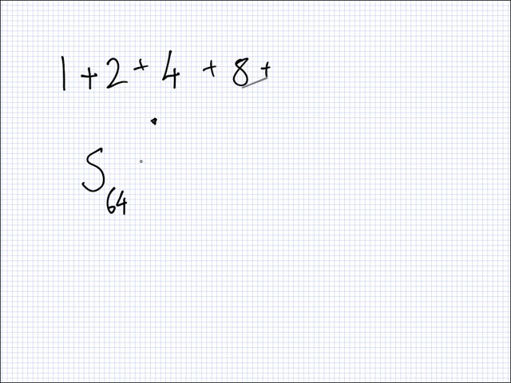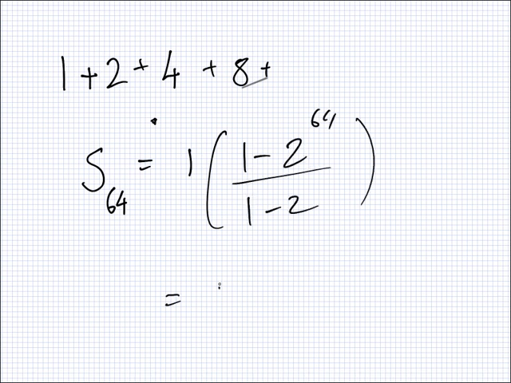So this is GP, isn't it? So that's a times 1 minus r to the n, and what's the r here? 2^64 over 1 minus 2. So the answer will be 2^64 minus 1. Is it about how many squares on the chessboard?